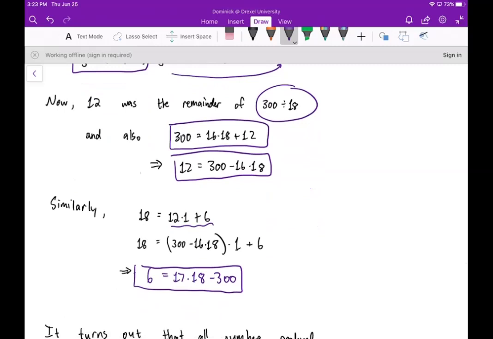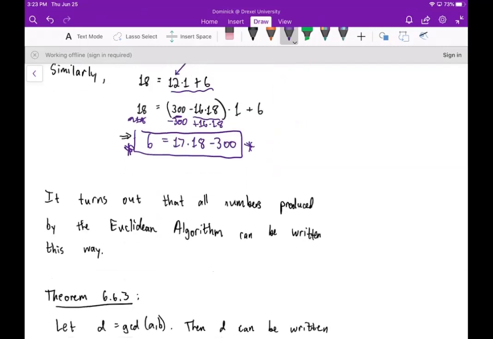Then we could write our expression that we found for 12, and once we combine like terms, we have 300 that we're subtracting, and then minus 16 18s. Once I subtract this 18 over, I pick up one more, and really what I'm doing is bringing this stuff over. So I'm getting 17 18s minus 300 is equal to 6.